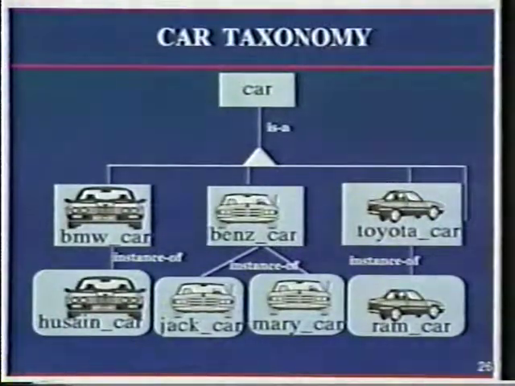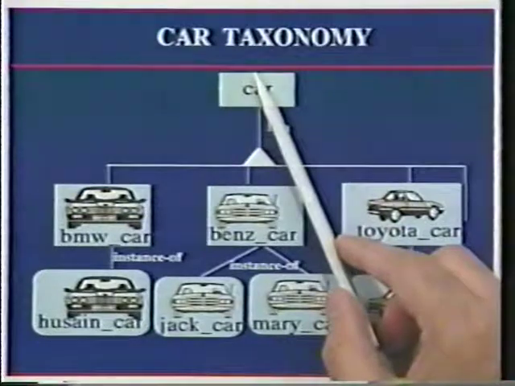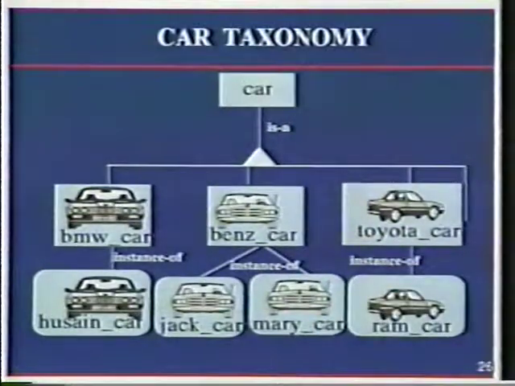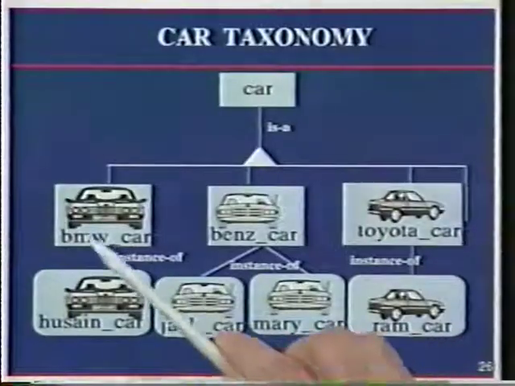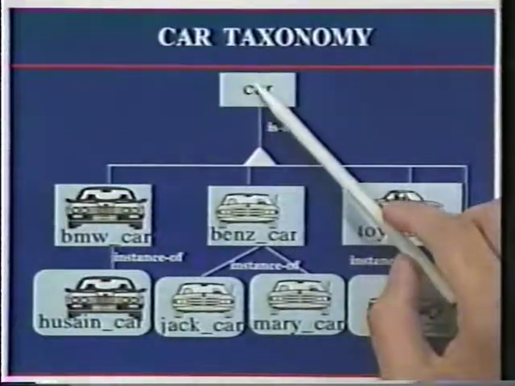And that relationship that links these class objects into another class object, which is the car object, is called generalization. So now I have introduced two types of relationships: the generalization relationship and the classification relationship. The classification relationship maps the individual objects into the class objects, and the generalization relationship generalizes the class objects into another class object.